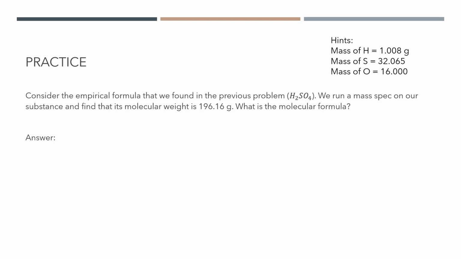Okay, so from our last problem, we determined that this is our empirical formula. Let's look at what the molar mass of that would be. The molar mass of just H2SO4 would be 98.07 grams per mole.